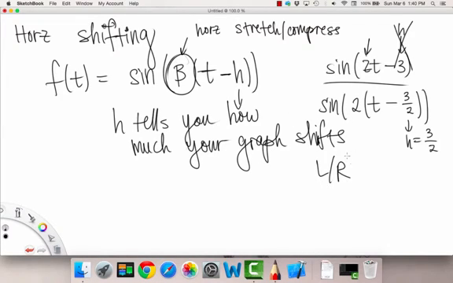For our mini example, we got h equal to positive 3 over 2, and that negative sign just means kind of opposite. Horizontal shifting is a little bit opposite than you would think. But our h is equal to positive 3 over 2, so all of our points would be shifted right. We shift to the right by 3 over 2 units. We just shift all of our points over.